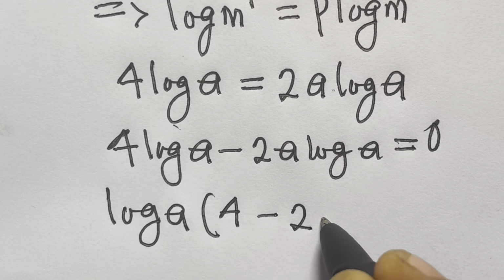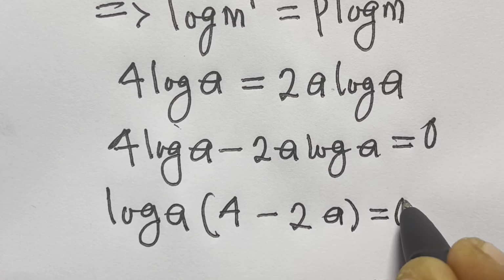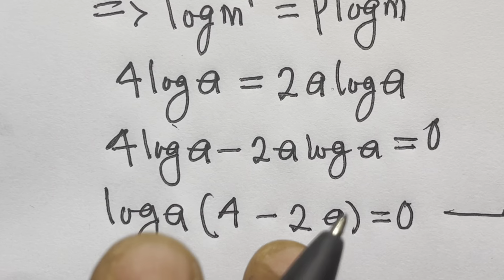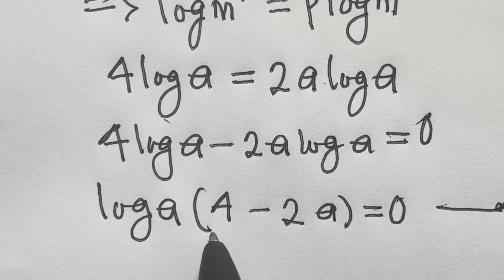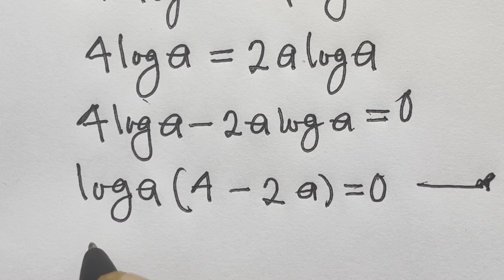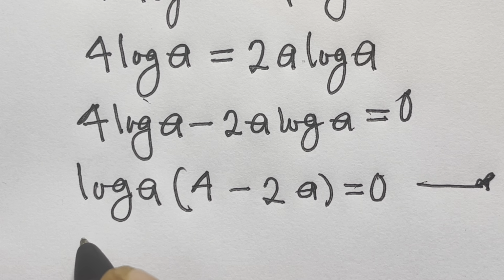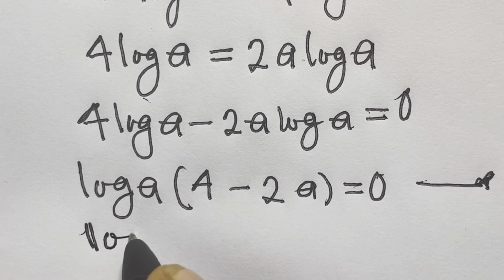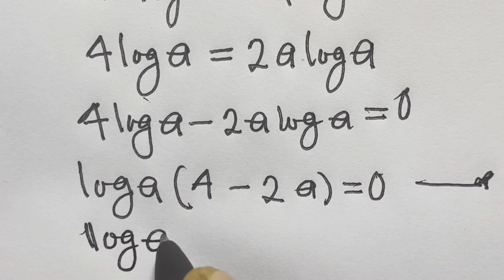We have minus 2a equals 0. From here, you observe that log a equals 0 or 4 minus 2a equals 0.